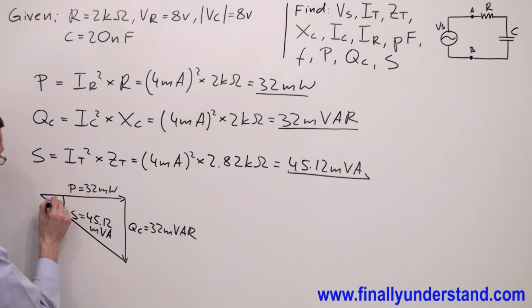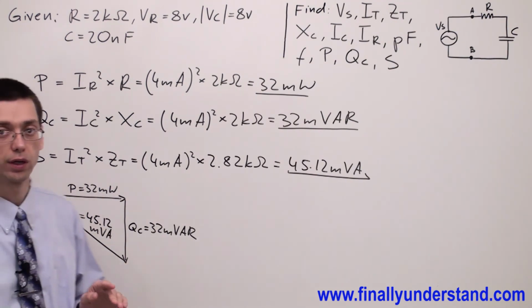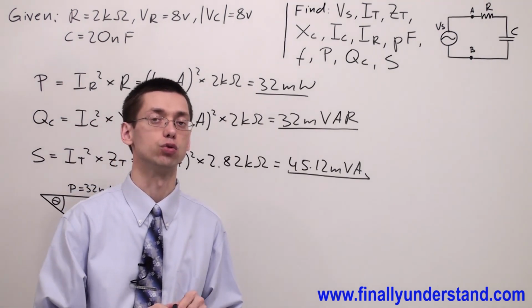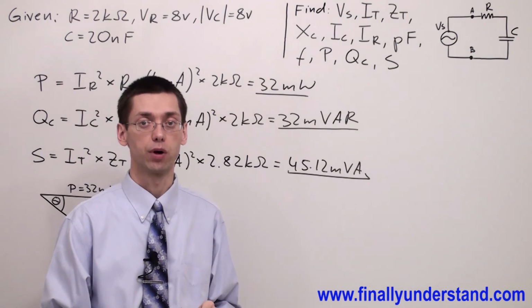And of course we have angle theta. This angle theta is the angle which we had next to Z total. So we can say that we found everything. The problem is solved.